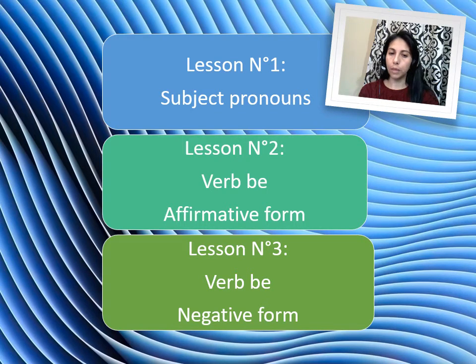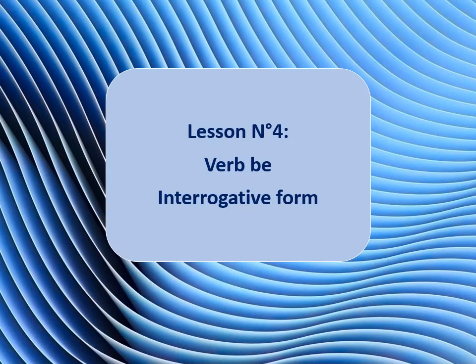I have to add the word not, so I say am not, is not, are not. Also, we can use the contractions isn't, aren't. So, today in our lesson number 4, we will talk about the verb be interrogative form.